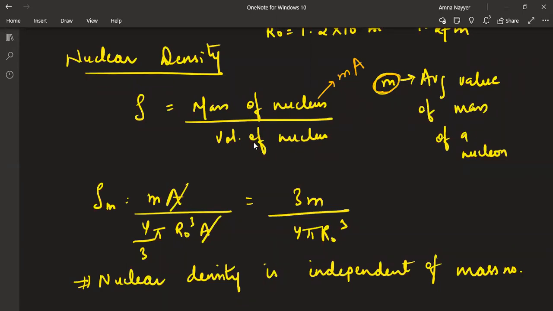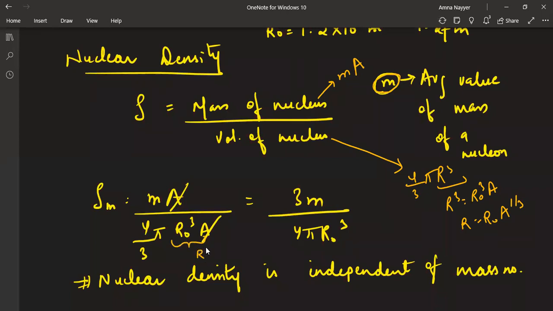And volume of nucleus will be 4/3 pi r cube. But we know r was equal to r naught into A to the power 1 by 3, so you can write r cube as r naught cube multiplied by A. This is the value of r cube in 4 by 3 pi r cube.